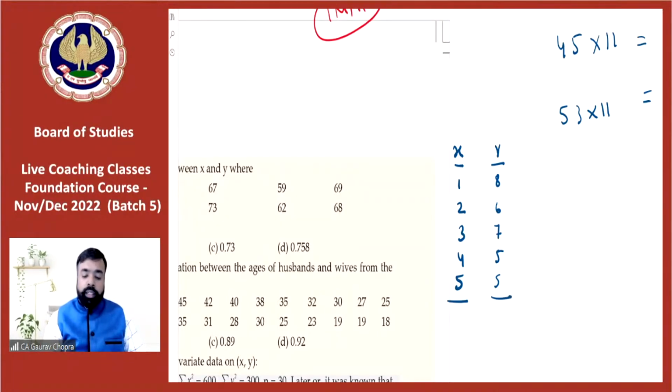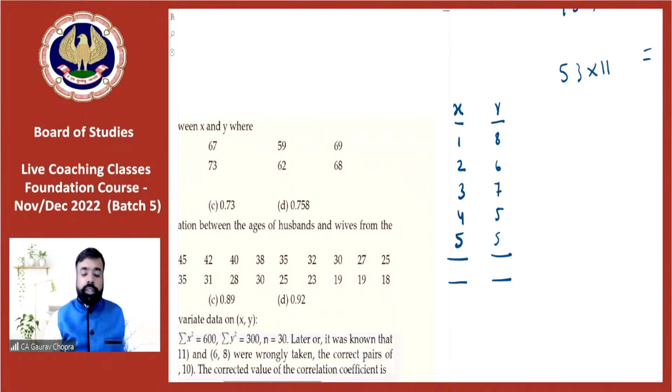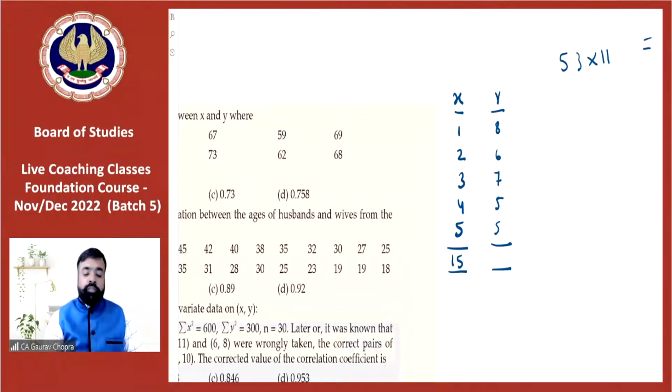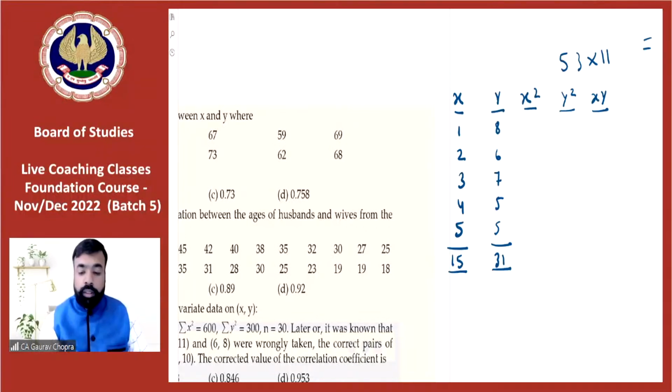So let us calculate sigma x and sigma y first. Sigma x is 15 and sigma y is how much? 14, 21 and then 31. This is sigma y. Now what is required? We require x square, y square and xy in the formulas.